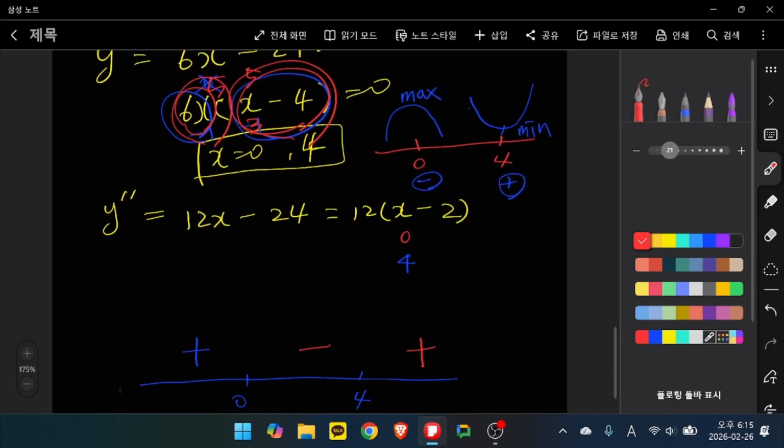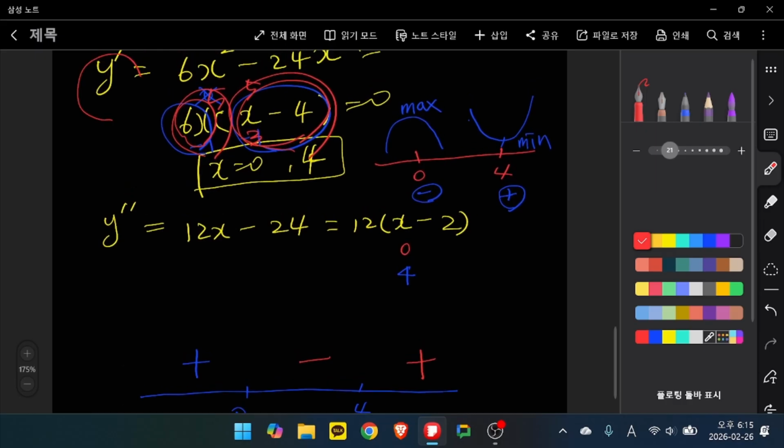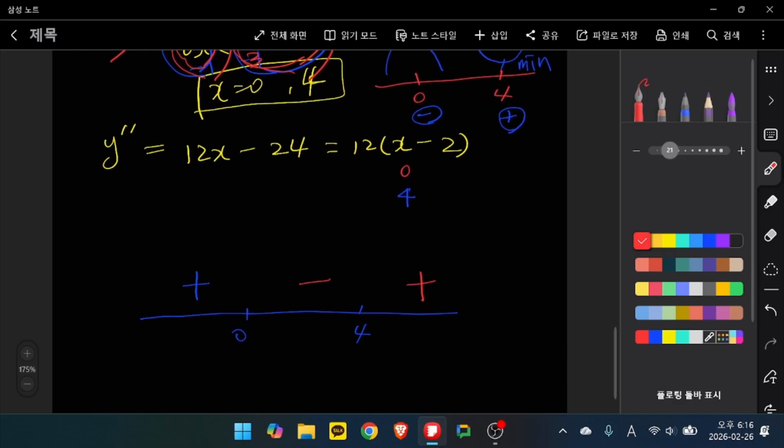So the first derivative looks like this. So the function is looking like this.